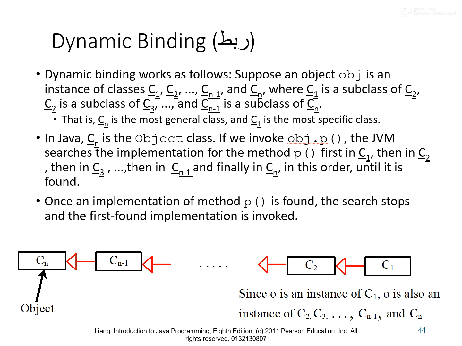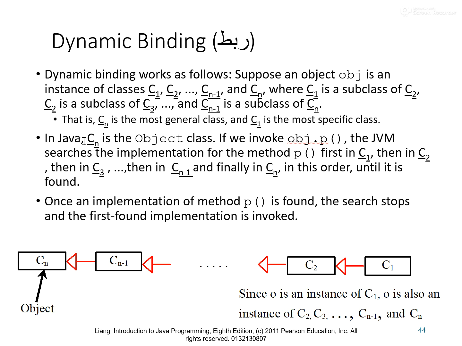Now, sometimes it's possible that you have different versions of the same method in multiple classes. So let's say we have a whole hierarchy of classes. At the very top, let's say we have the Object class Cn, and a subclass of that is Cn-1 and Cn-2, and all the way down to C2, and then the most specialized class is C1.